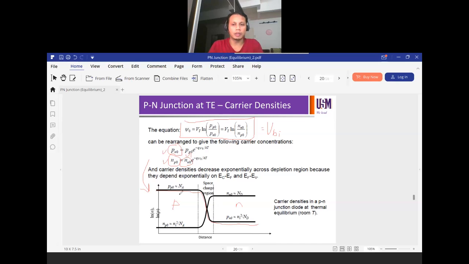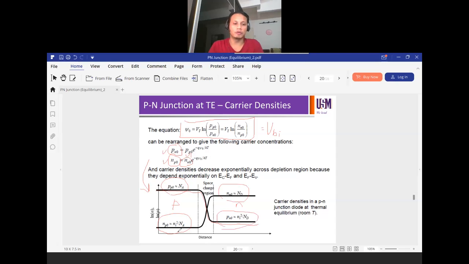So let's recap. On the left hand side, P-type, hole is the majority carrier, electron is the minority carrier. On the right hand side, in N-type, electron is the majority carrier, hole is the minority carrier.